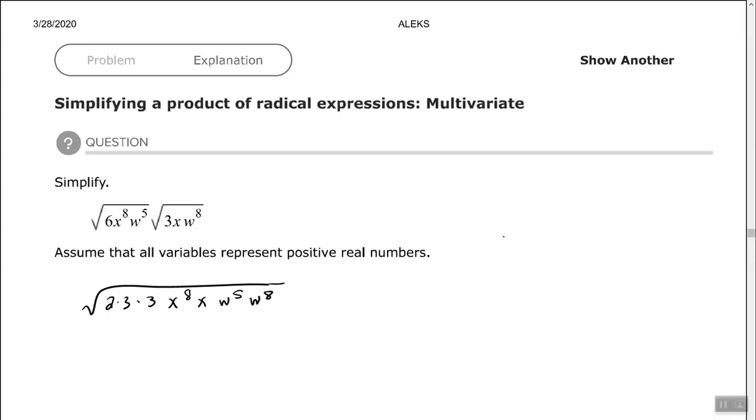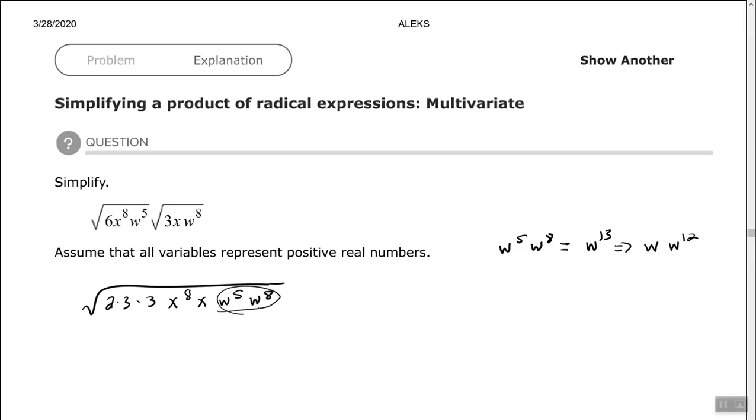So let's go out to the side and say w to the 5th times w to the 8th. When we multiply like bases, we add the exponents. So that's w to the 13th. So what we want underneath there is the next number down that would be an even exponent, so we can take the square root of it. So I want to rewrite this w to the 13th as w times w to the 12th.